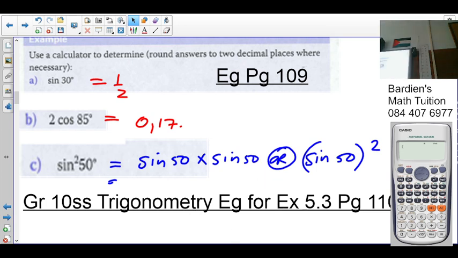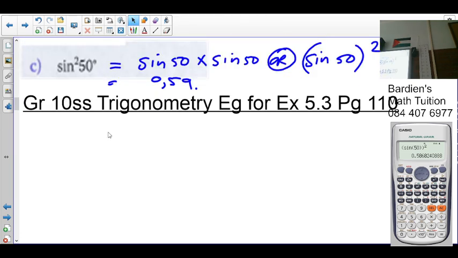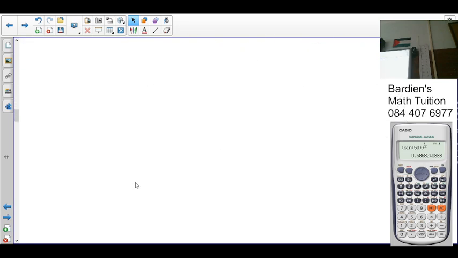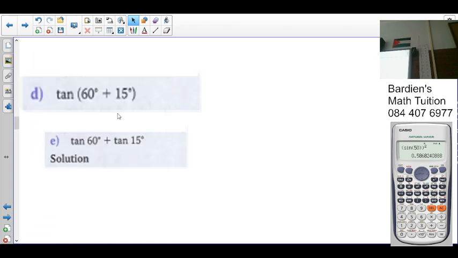So that would simply be in the calculator sine 50 squared. That gives you 0.59. You all agree with that? Yes. Alright. Let's carry on. Is there D? Yes. Is there E? Yes.